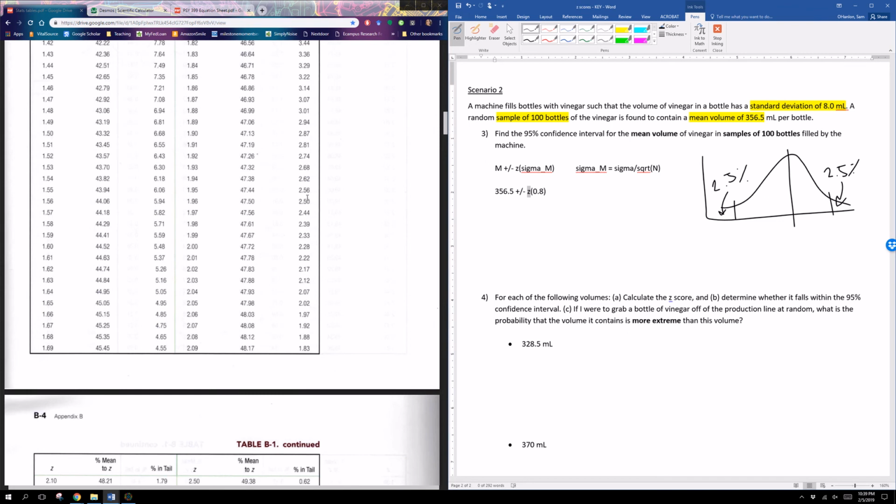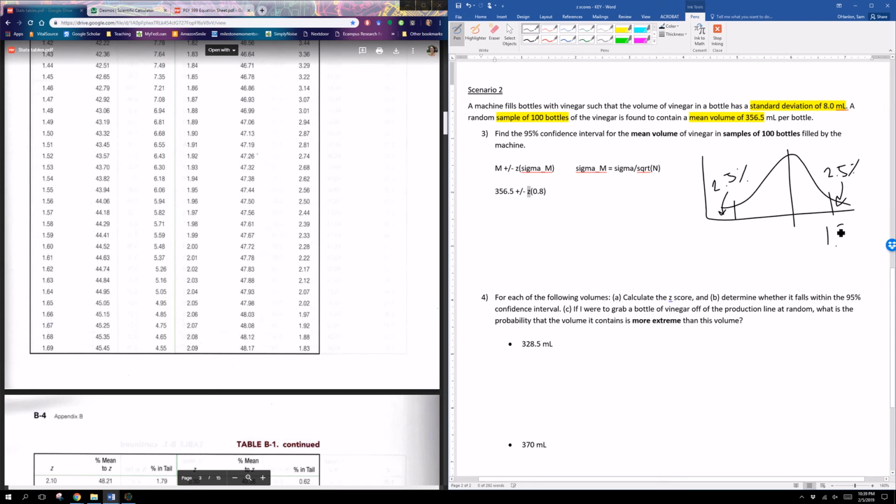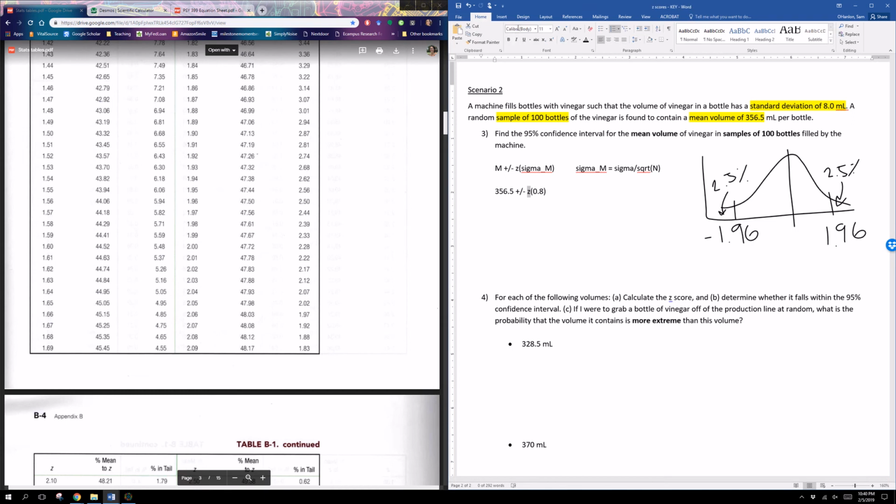Oh, there we go. Here is 2.5, and that is with 1.96. So over here, we've got 1.96 and minus 1.96 as our cutoff scores. Now, because this is always going to be the same, 1.96 is a number you should probably just memorize because 95% confidence intervals are very common.